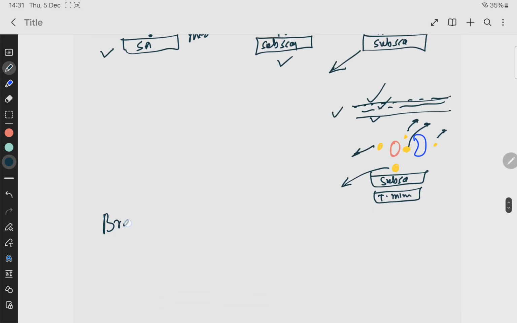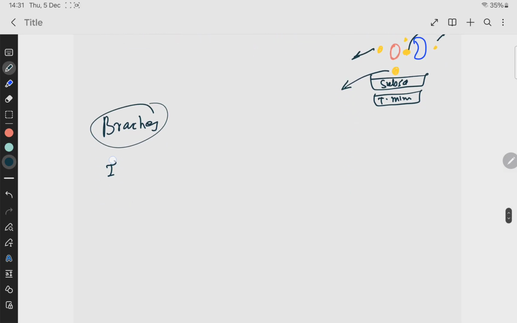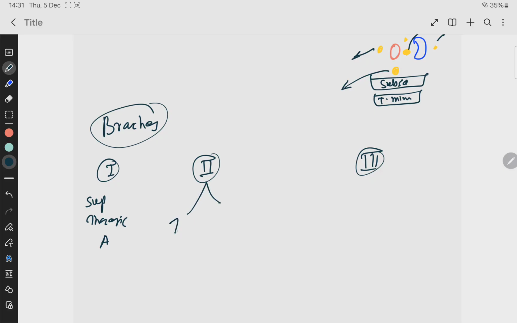Now the branches of the axillary artery. The axillary artery has three parts: first part, second part and third part. The branch coming from the first part is the superior thoracic artery. The second part gives two branches: the thoracoacromial artery and the lateral thoracic artery.